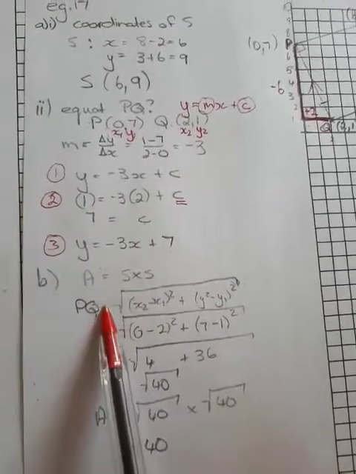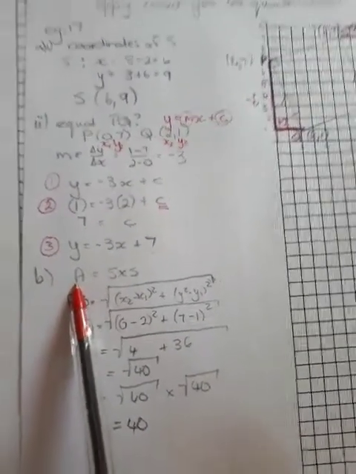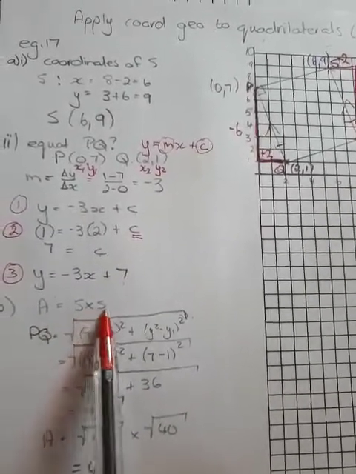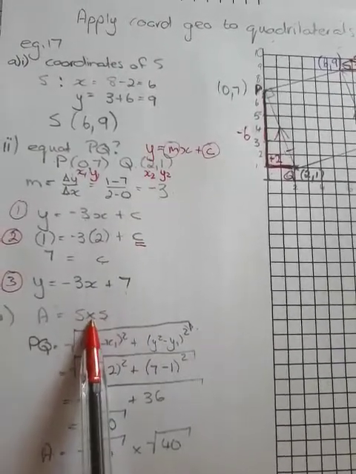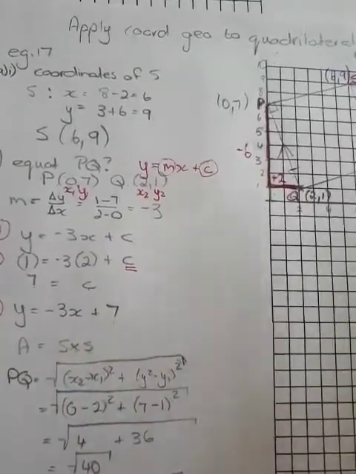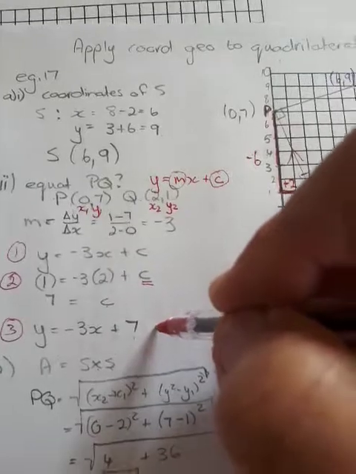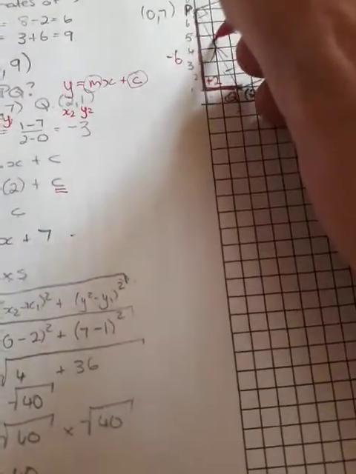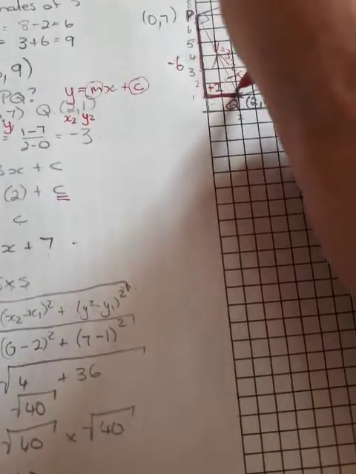And then the next question asks you to calculate the area of the square. Now, obviously, people, you must know the formula for the area of a square, which is side times side, which means you must have the side length. Let me just enter a value I forgot: the equation for PQ is y equals -3x plus 7.